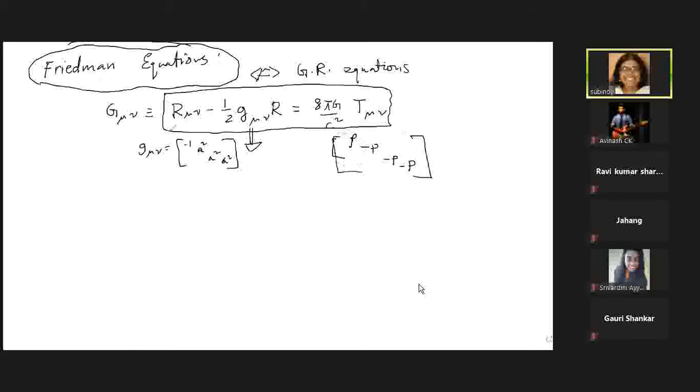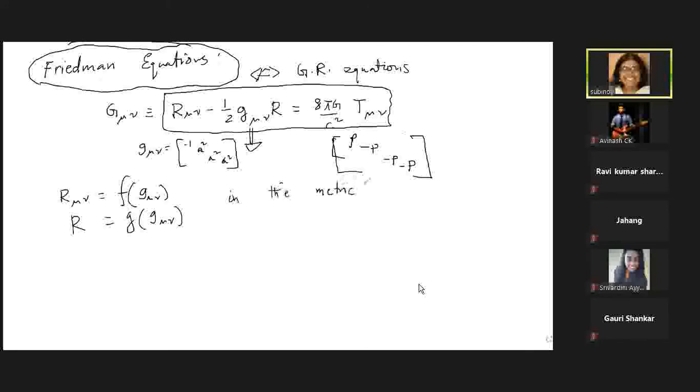So as we said, all the quantities on the left hand side, R mu nu, is just a function of the scale factor and g mu nu. So is R. R is also a function of the scale factor. Scale factor means the metric. Now you can see in the metric there are only two unknown quantities.